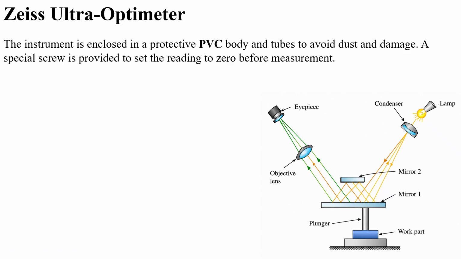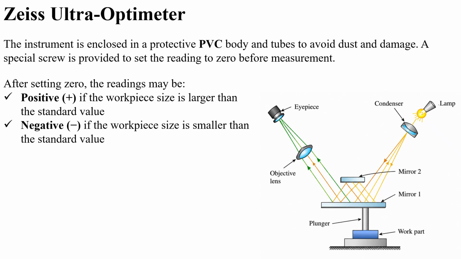The instrument is enclosed in a protective PVC body and tubes to avoid dust and damage. Moreover, a special screw is provided to set the reading to 0 before the measurement. After setting 0, the readings may be positive or negative values.